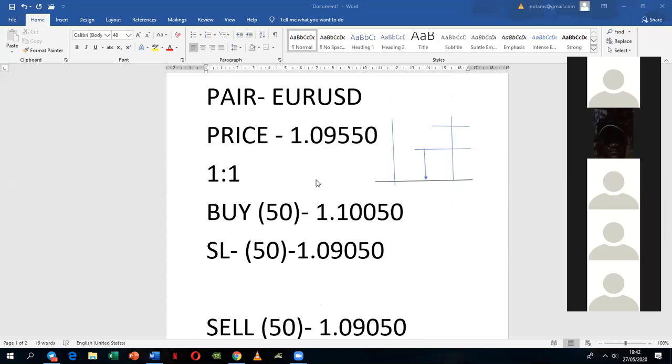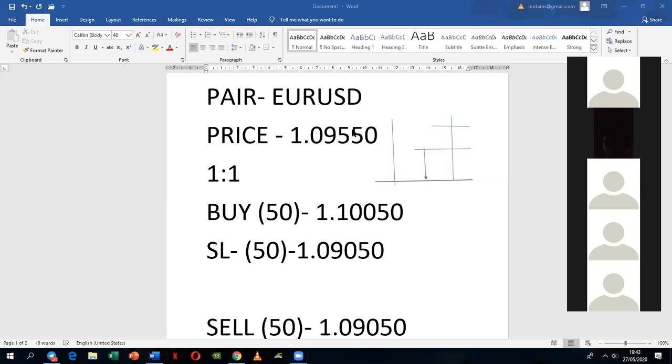We've entered at the price 1.09550. I told you this last digit represents a fraction in Forex. It represents a cent. In Forex terms we may not consider this, so we begin from here.